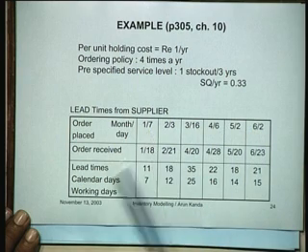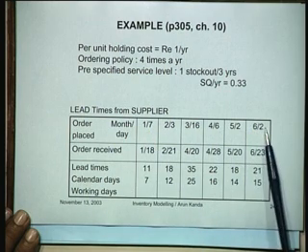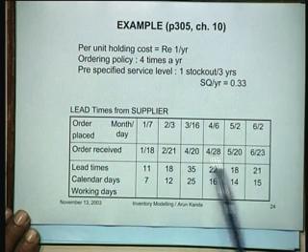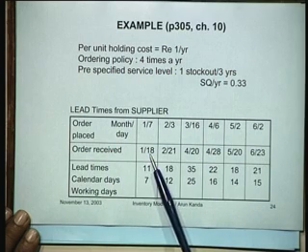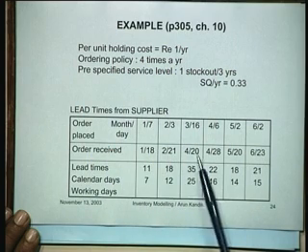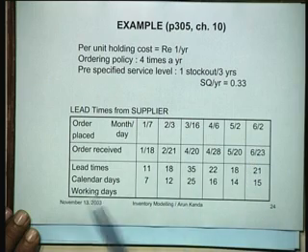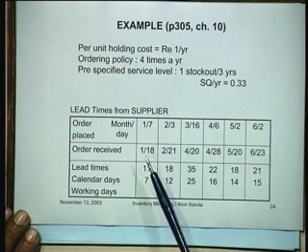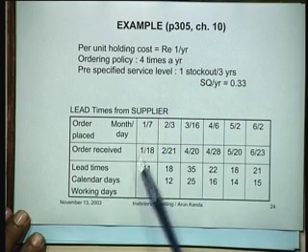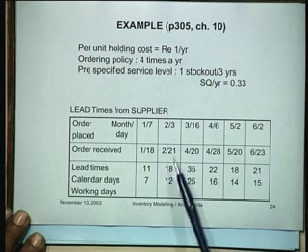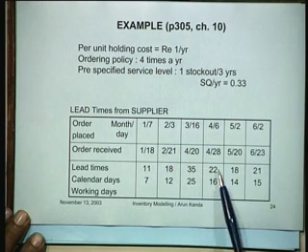Suppose these were the dates on which the orders were placed, and the orders were received on 18/1, 21/2, etc. So you have this record available. The difference of these two will give you an idea of the lead time. So the lead time in this situation was 11, and this time it was 18, 35, 22, 18, 21.